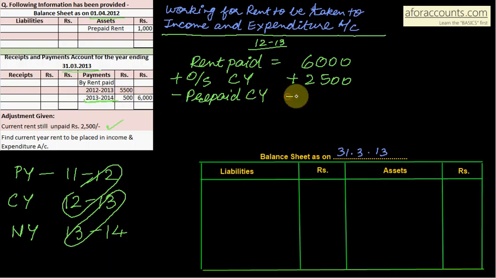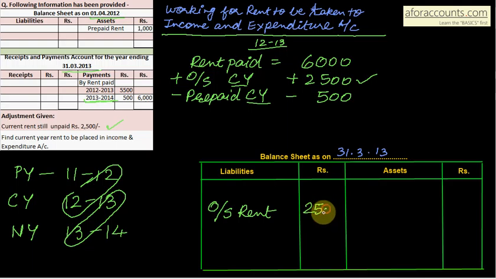So subtract 500. Simultaneously take the balance sheet. These two items are of the current year, so they also need to be placed in the balance sheet. Now where will you place the outstanding rent? Outstanding rent is my liability. So on the liability side, outstanding rent. How much is it for the current year? 2500.